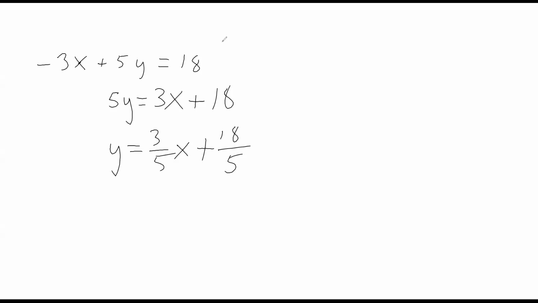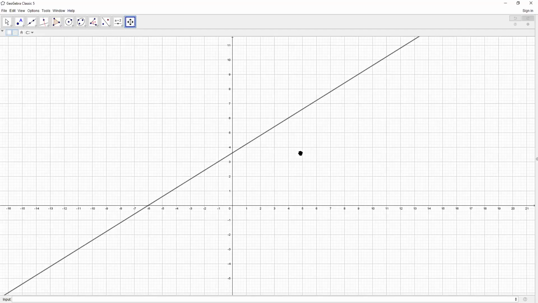But if you want to think of the slope in terms of the rate of change of the function, then the fraction works pretty well, because what this is telling us is that every time we take 5 steps to the right on our line, we're going up 3 units. And we can see that if we go back to the GeoGebra window here.